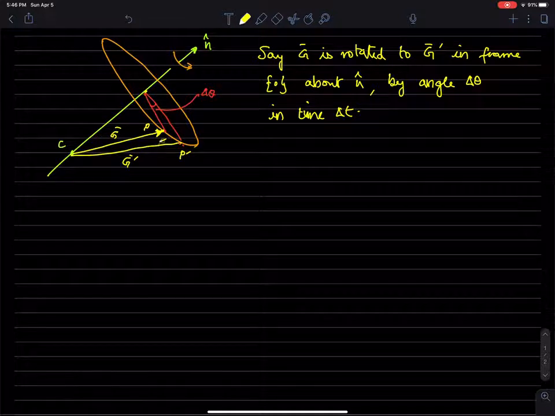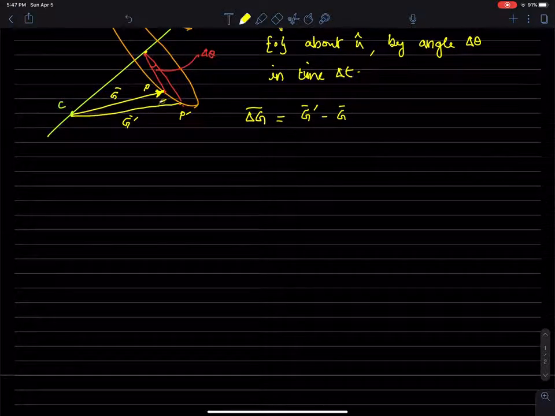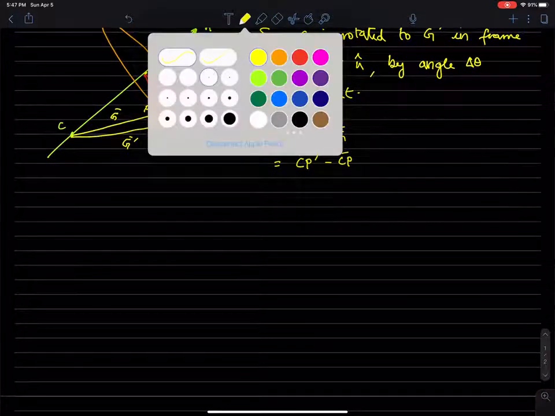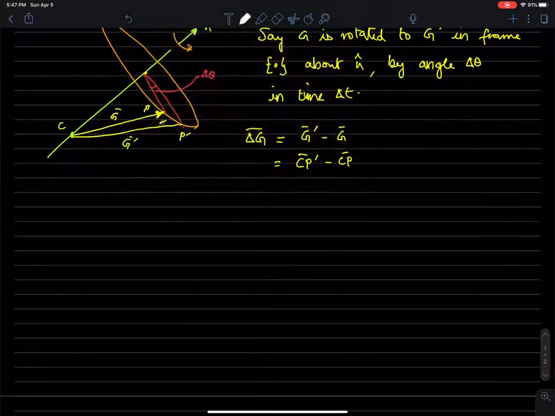The vector delta G is, of course, G dash, the new rotated vector, minus G. So this vector minus this vector, and we can write that as CP dash minus CP, or it's basically equal to PP dash.